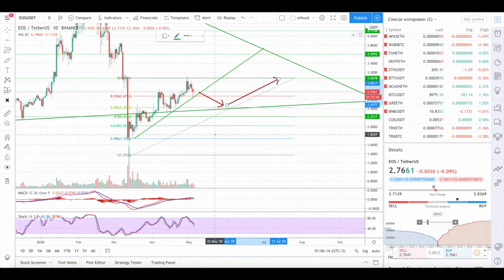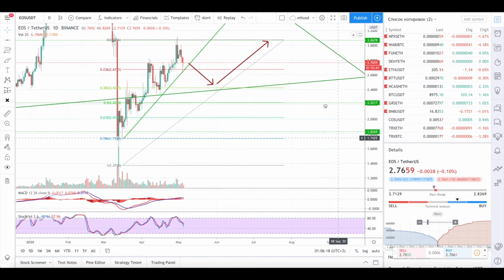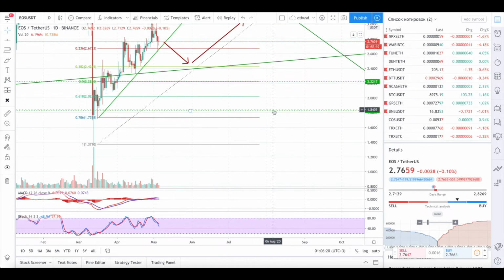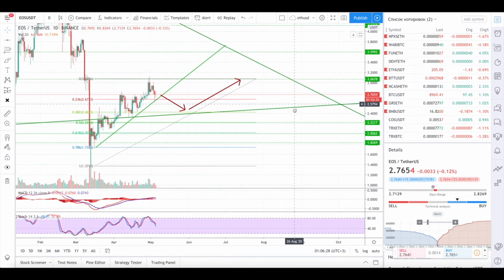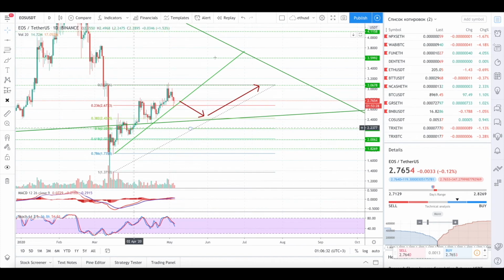And of course, if the price breaks the lowest trend line, the lowest levels to make a buy order are $2.22, $1.8, and the level of $2. Here's the situation on EOS and how the price moves.